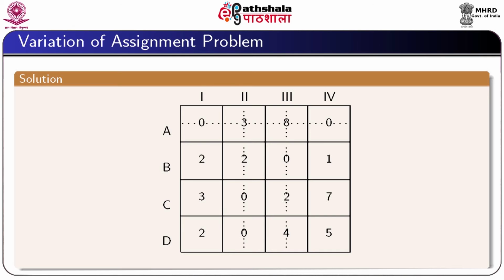This slide shows that the number of horizontal and vertical lines is 3. So, further improvement in the solution can be made.